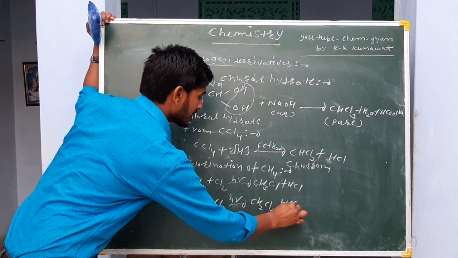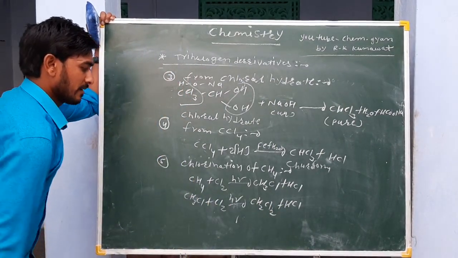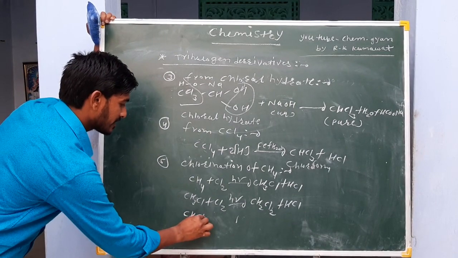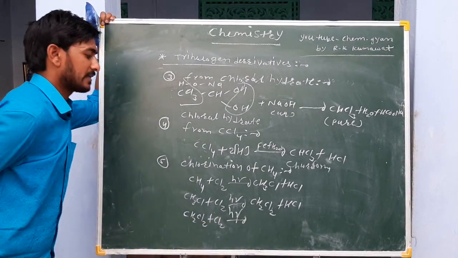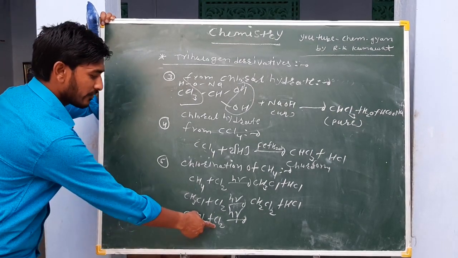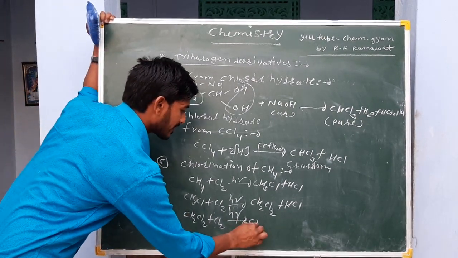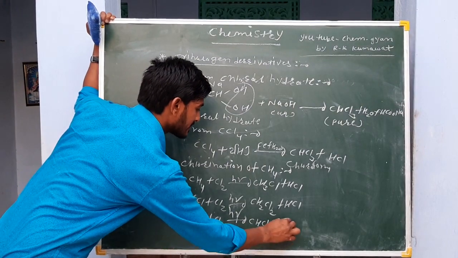Next, CH2Cl2 plus Cl2 and light, and chloroform plus HCl is formed.